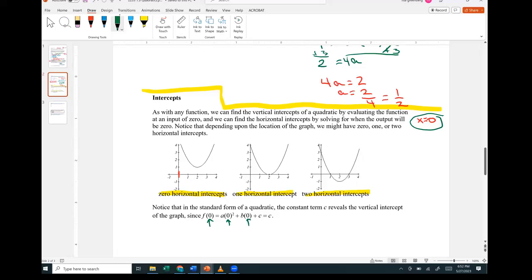And what do we find out? We find out that y is always going to be equal to our c value when we have ax squared plus bx plus c. So the vertical intercept is really pretty easy. Okay, horizontal, a little less simple.